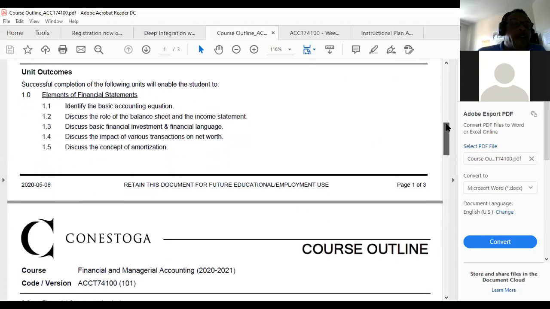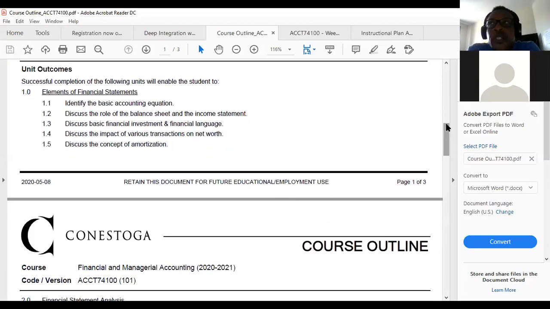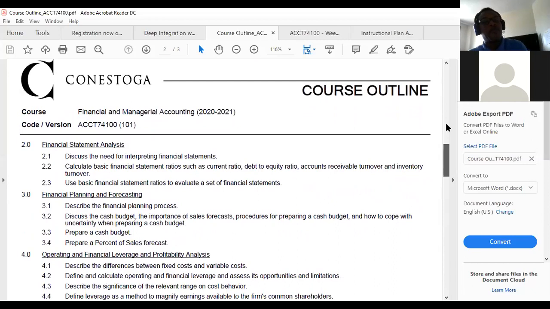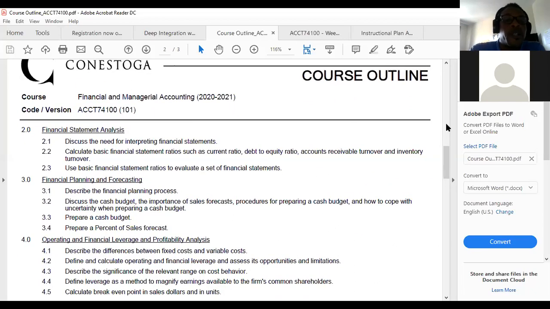All right, so this week we're going to try and cover elements of financial statements. And then next week, we are going to look at financial statement analysis and discuss the need for interpreting financial statements and calculate some basic financial ratios and look at how we would interpret those ratios.